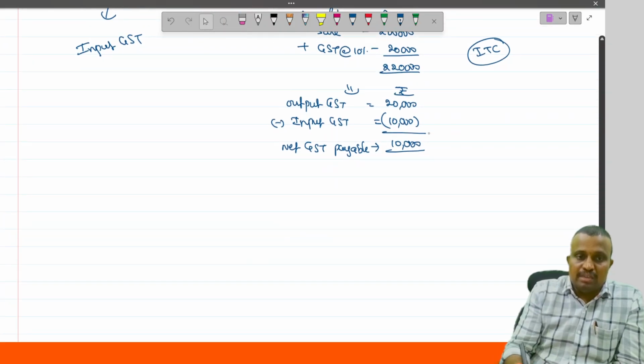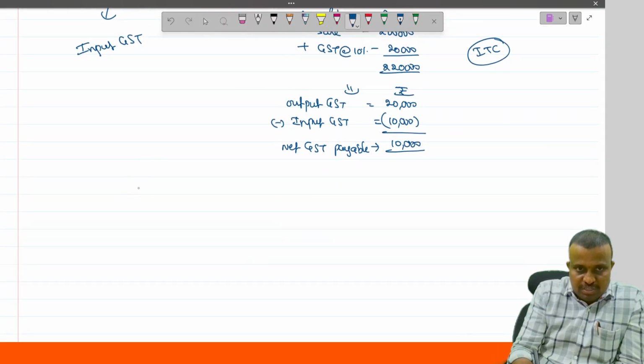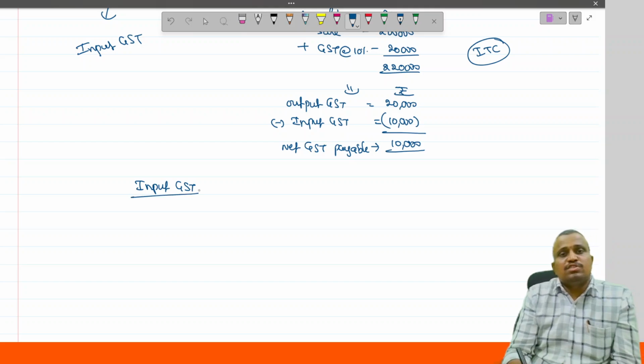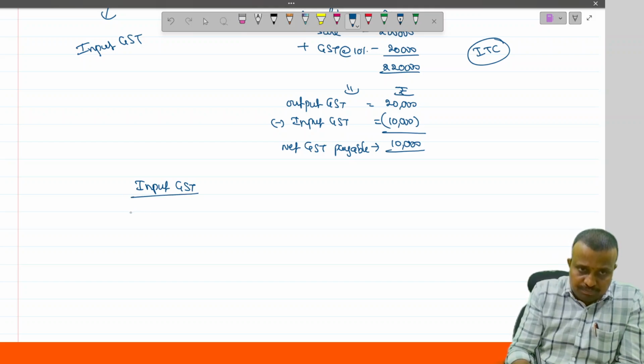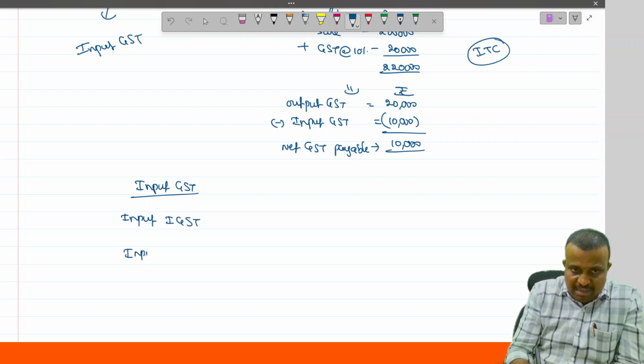So here, in case of input GST, we have input IGST, input CGST and input SGST.